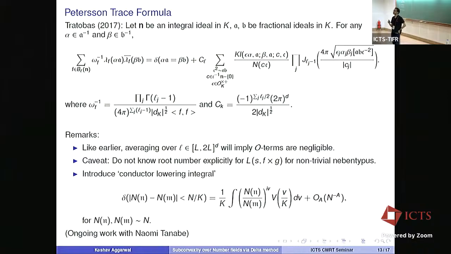Again, credit where it's due. There was a bunch of us at an AIM workshop last year, and while talking with the group of Ritabrata, Roman, Prahlad, and Jacob, they informed me that there's a way to go about this problem without averaging over Nebentypus, by introducing a conductor lowering trick. We tried doing that and were able to make things work. So we are trying to do that over number fields.